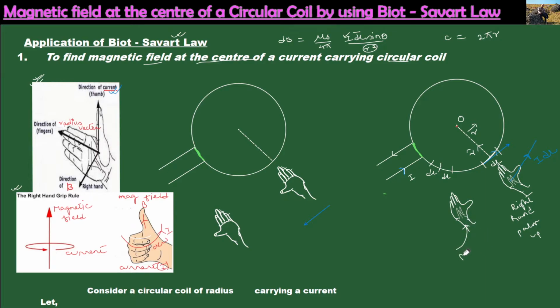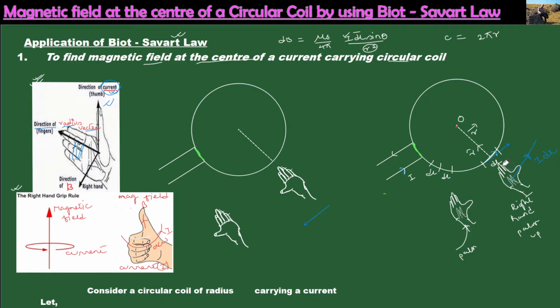So when you place your right hand palm up, the thumb indicates the direction of flow of current, that is, the direction of movement of the current element, and all these outstretched fingers will indicate the direction of the radius vector.